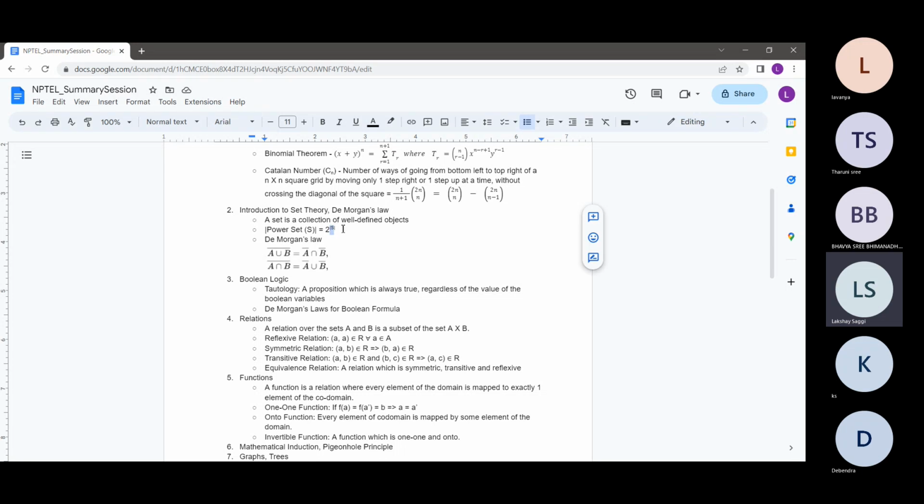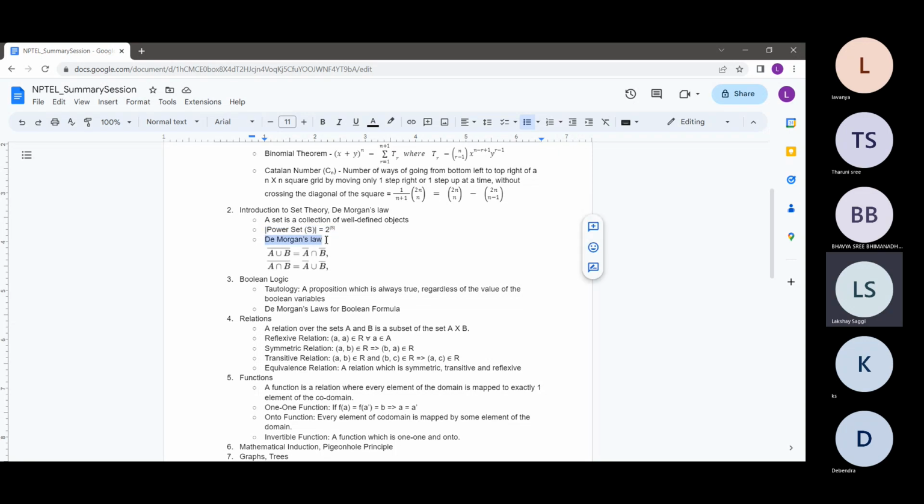Because every element of S has a choice of being included or not being included in a subset of the power set, right? So every element has two choices, and there are cardinality of S elements. So the final answer will be 2 raised to the power cardinality of S. That's why the cardinality of the power set is 2 raised to the power cardinality of S.